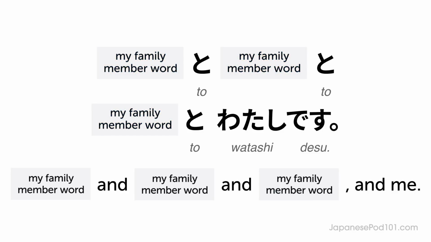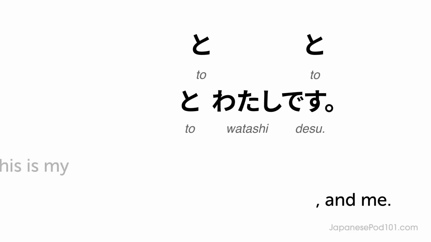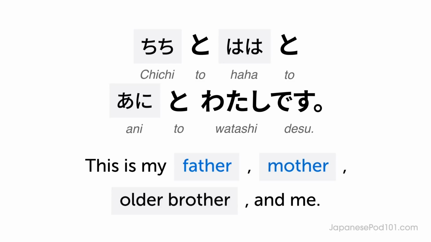To use this pattern, simply replace my family member word with each of your family members. Imagine your family members are your father, your mother, your older brother, and you. 兄, older brother. Say, this is my father, mother, older brother, and me. Ready?